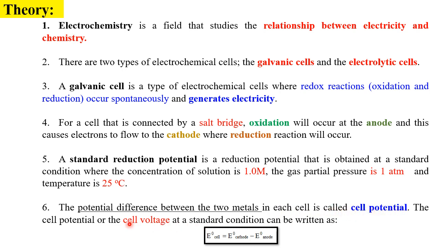The cell potential, or cell voltage, at a standard condition can be written as E°cell equals E°cathode minus E°anode. So in this formula, we have to identify which one is the cathode and which one is the anode.